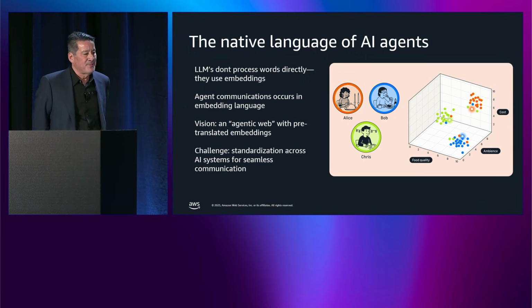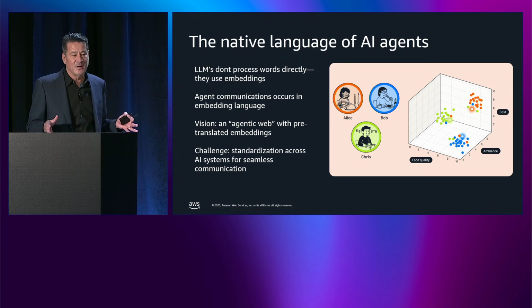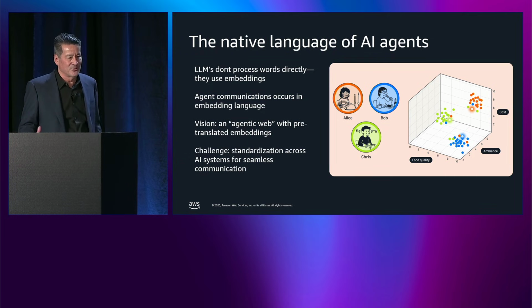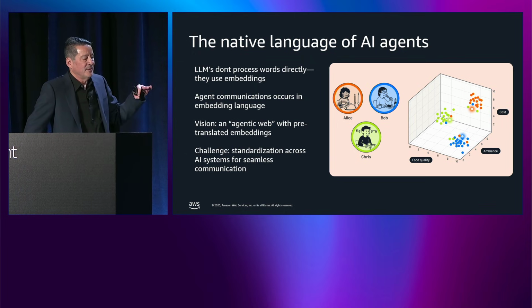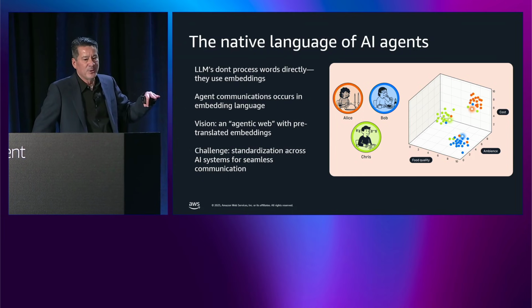Anytime you give an LLM input, whether it's in the form of an English prompt or an image, or you point it at a code base, or you point it at all of the documents so far in the legal case, the first thing it does is transform that data into a still high dimensional but much lower dimensional space. And the primary purpose of that transformation is to preserve similarities between content.